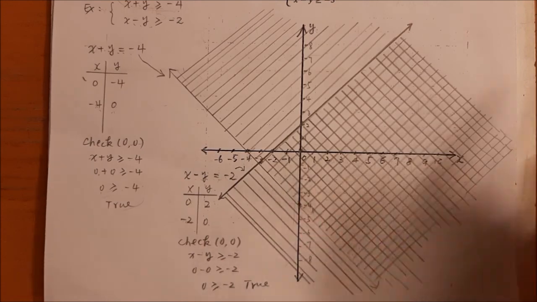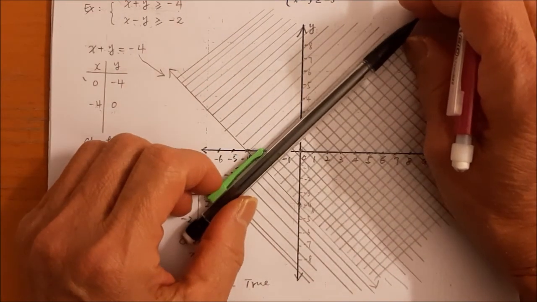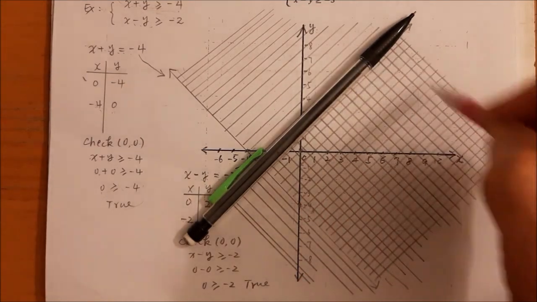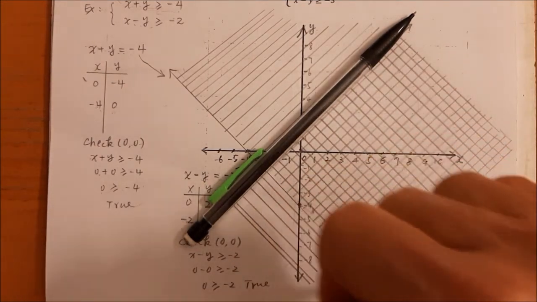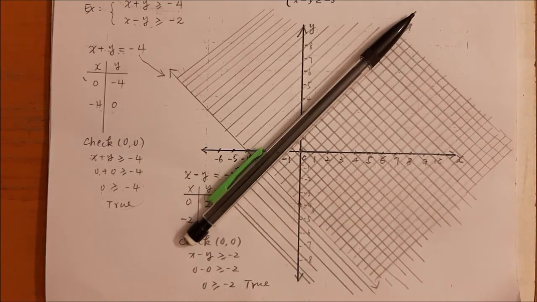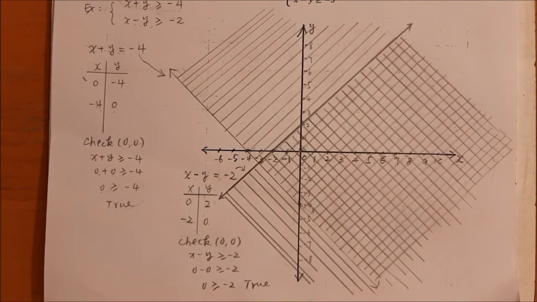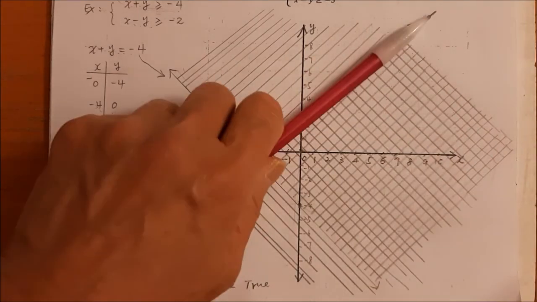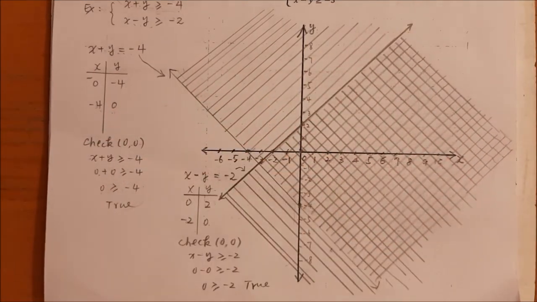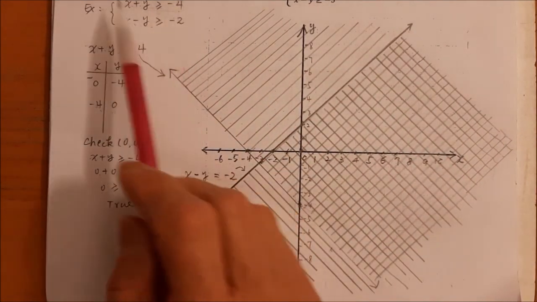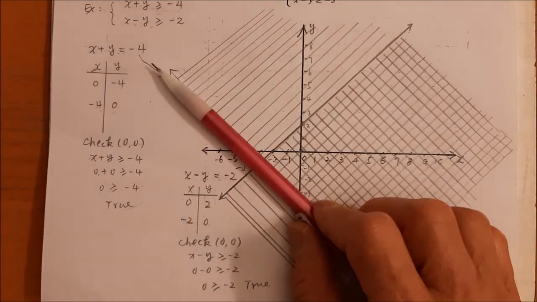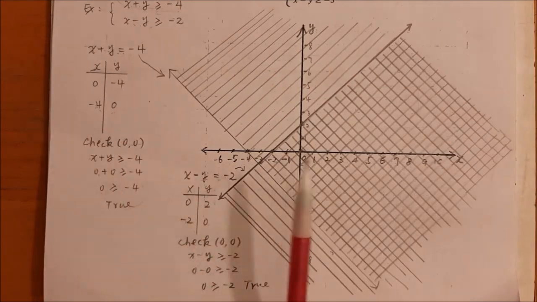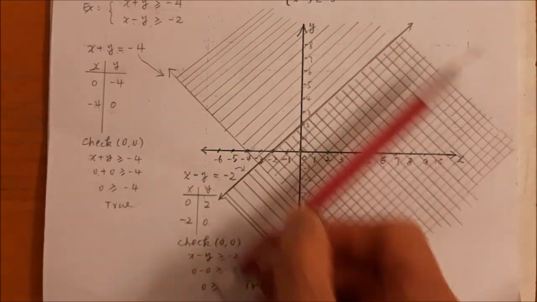So the line is here, and this side makes the inequality true, so you shade this side. So the first inequality is this half plane, and the second inequality is this half plane.